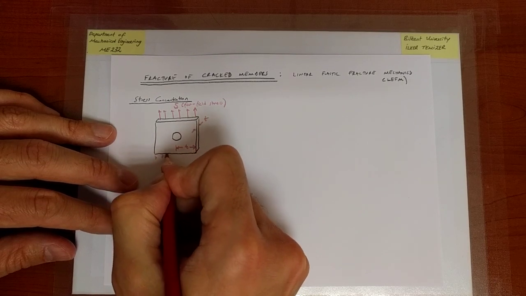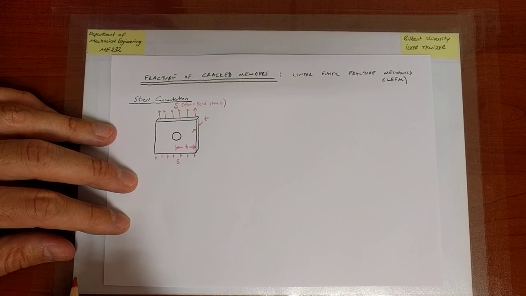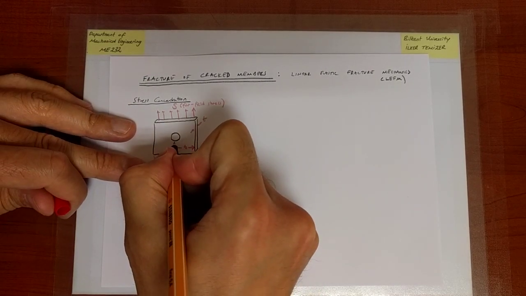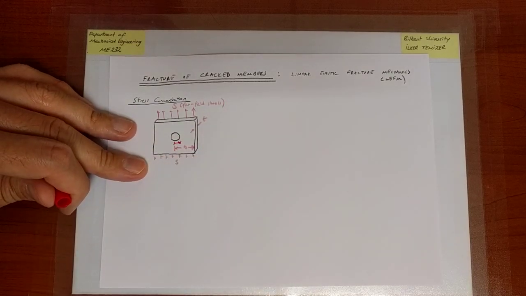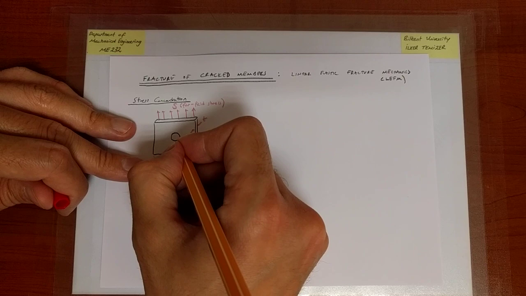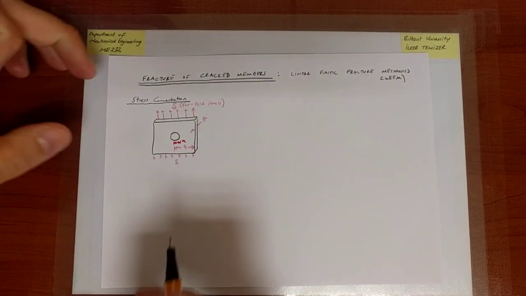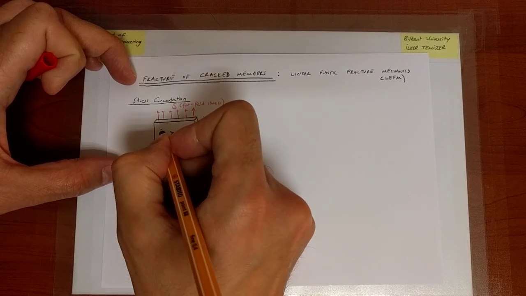Of course, the plate is pulled in both directions. Then the radius of the hole, or the half width of the hole, is going to be called A. Now notice that I could have indicated the radius alternatively as rho.